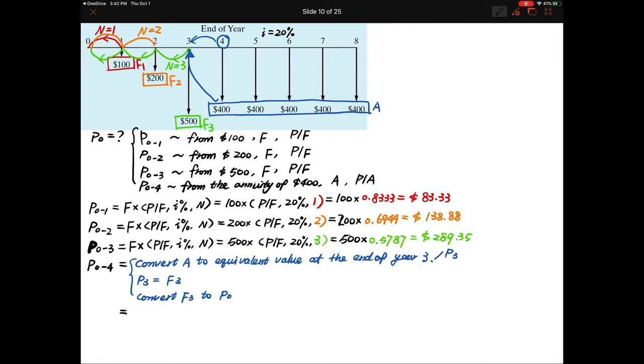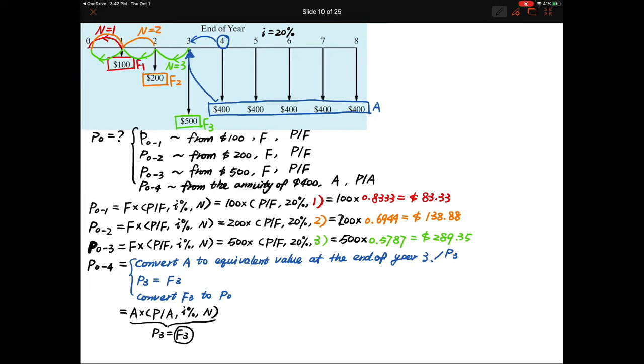So first thing is you convert annuity to some present value at year 3. So that equation is to find P given A, right? So it's A times the factor P/A, I% N. And we said this is P3. Also, it can be written as F3 compared to the year 0.